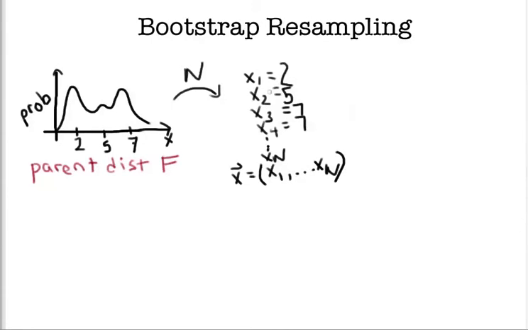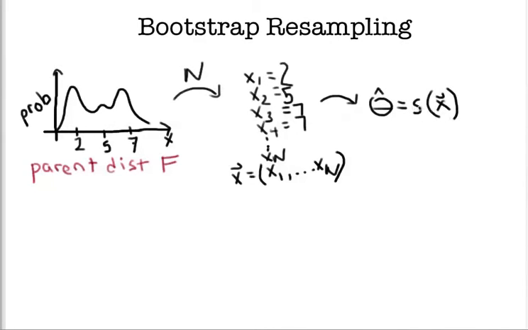And from this sample distribution of our n observations, we would like to know a certain statistic or an estimator, which I'll denote here as theta hat, which is just found by applying some function s to our vector of observations.